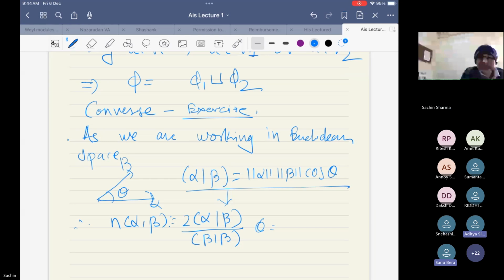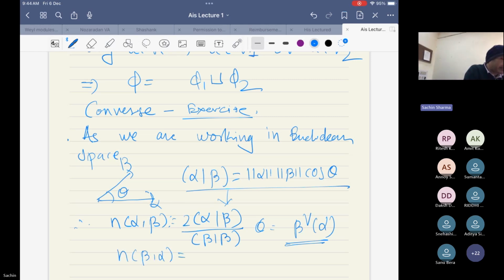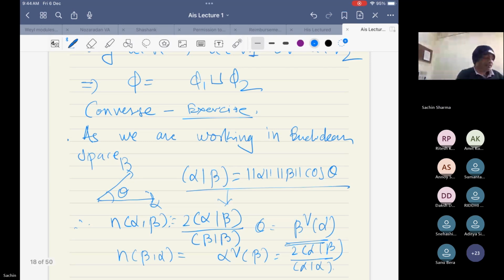Beta check of alpha. Very good. It is beta check of alpha. Okay, this is the thing. Similarly, n_beta,alpha is nothing but alpha check of beta. So this is twice (alpha, beta) over (alpha, alpha). Fine.